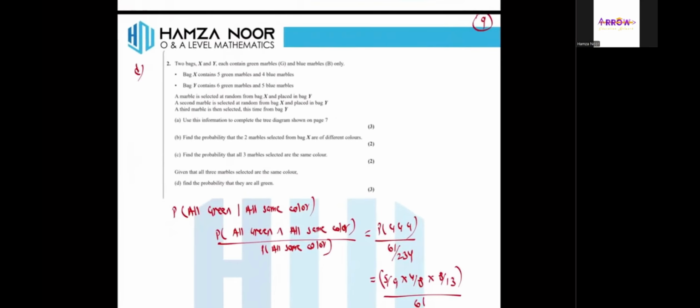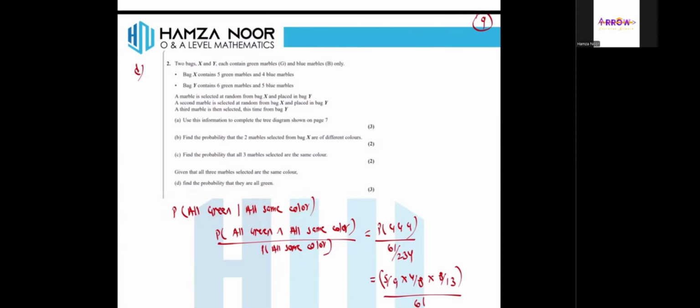If you want to write a formula for conditional probability, I've mentioned this formula for your ease: you need to find the probability that all marbles are green given that all are the same color.